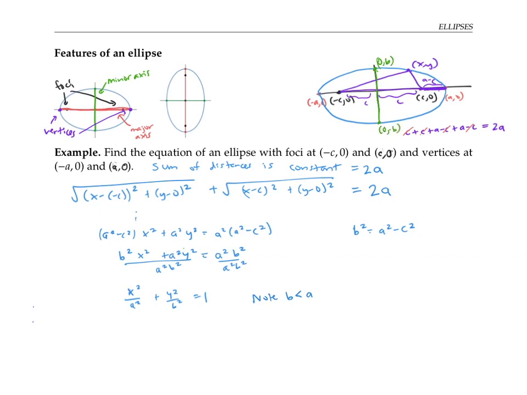To see why this is true, let's draw these two right triangles. The sum of the side lengths that I've drawn has to be the total length of the string, so that equals 2a, which means each of these side lengths must be a. Now the base of this triangle is c, so by the Pythagorean theorem, this height squared must be a² − c². Since b² is defined as a² − c², this height must be b.